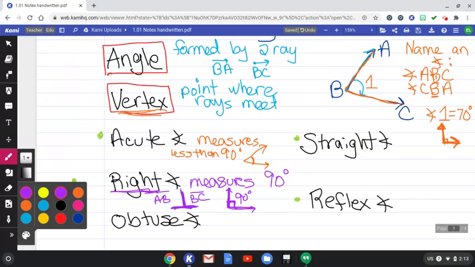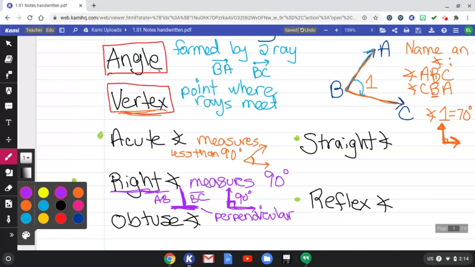So this upside down T symbol here means the word perpendicular. Perpendicular. Right.